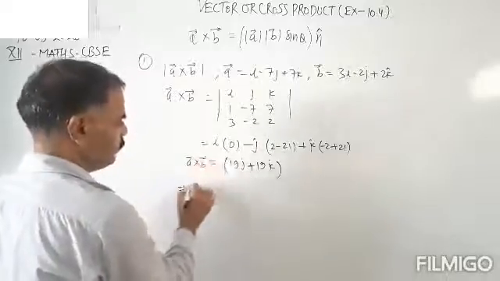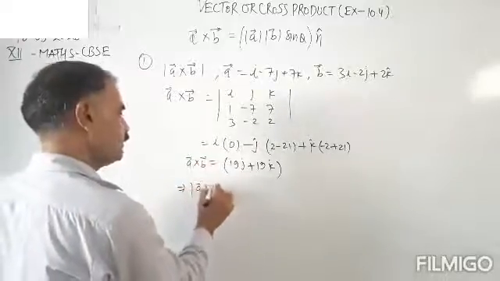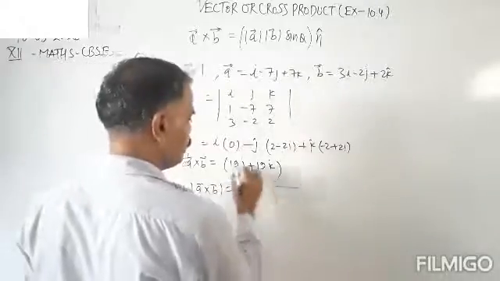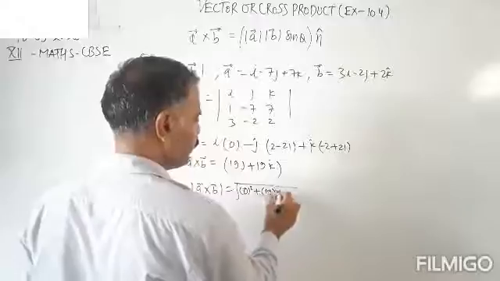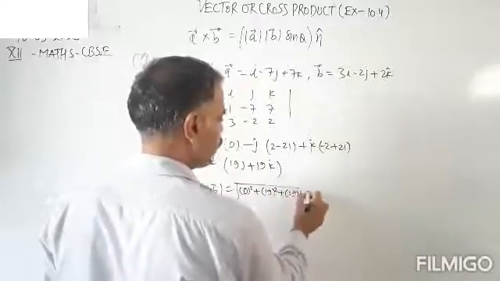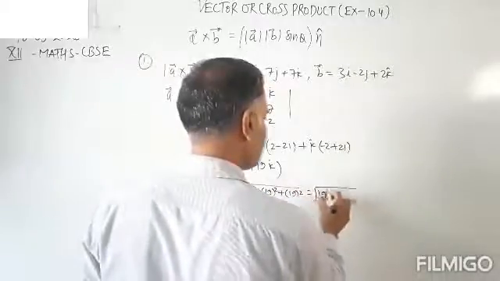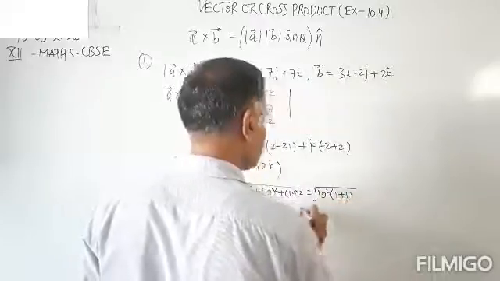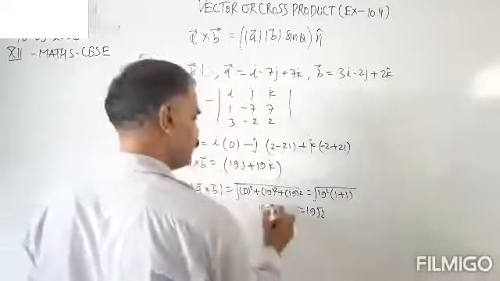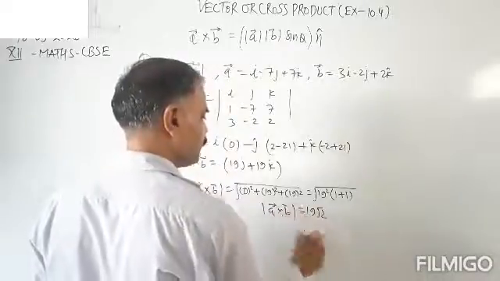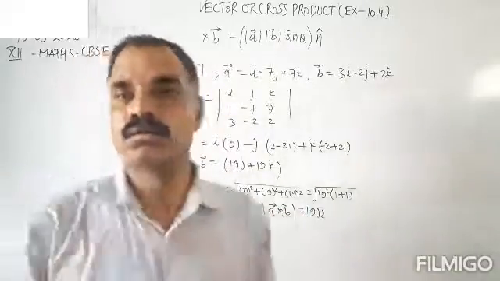Now its magnitude: a vector cross b vector magnitude equals under root 0 square plus 19 square plus 19 square, which equals under root, 19 square taken as common, so 19 under root 2. So the magnitude of a vector cross b vector is 19 under root 2.